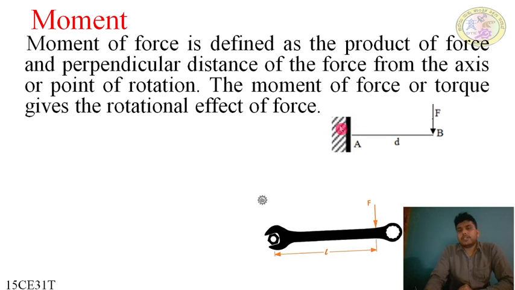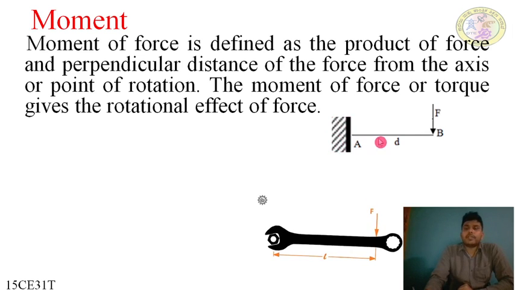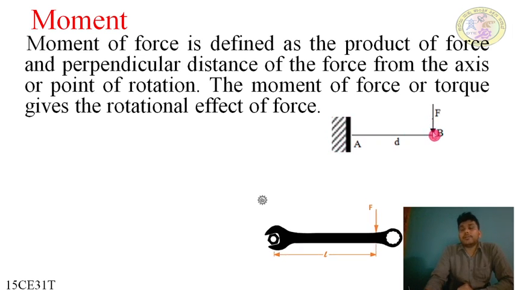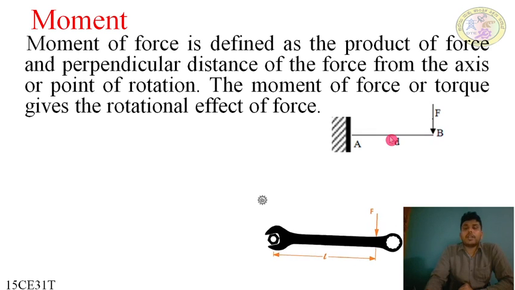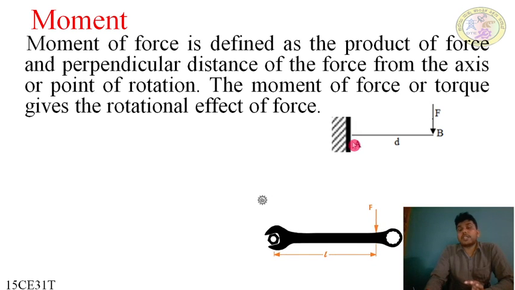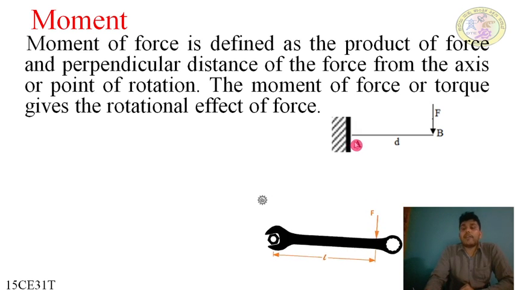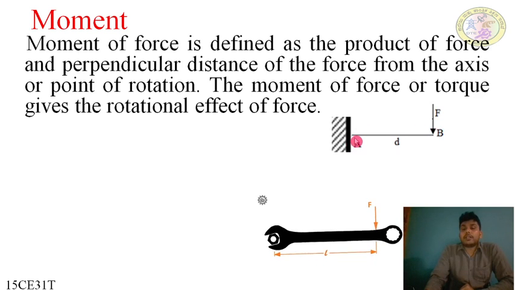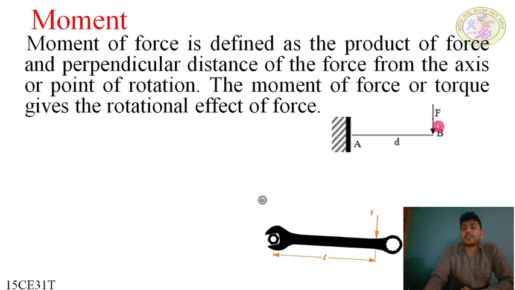In this figure, A and B is the member with force acting at a certain distance D. At point B the point of application of force is on B, and the point of rotation is A, where the moment is generated, like moment at A.